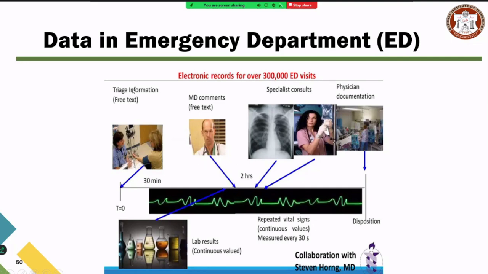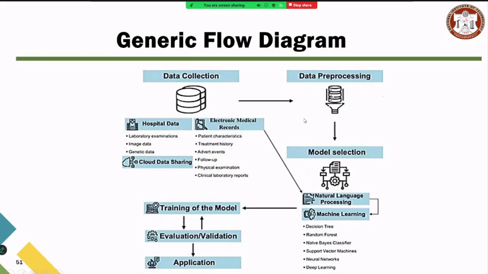So here is a generic flow diagram of how the healthcare sector deals with data collection, mainly hospital data, the electronic medical records from the laboratories, cloud data sharing, and then it is processed, data pre-processing and model selection through natural language processing and even machine learning or deep learning aspects.